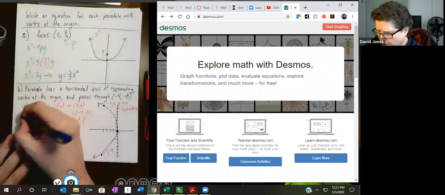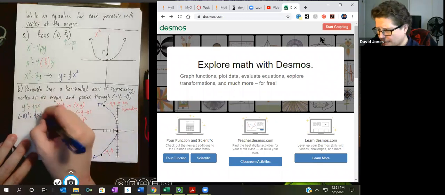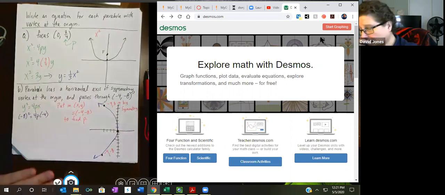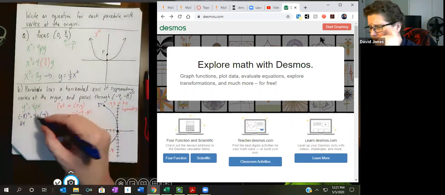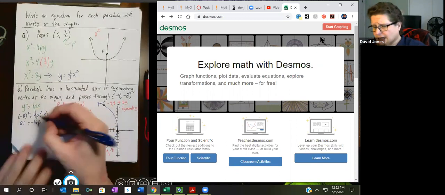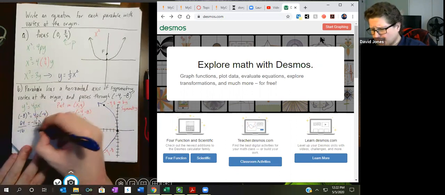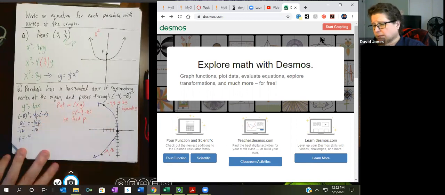So y squared is -8 squared equals 4p times -4. -8 squared is 64. 4 times -4 is -16. And if I divide both sides by -16, I get p equals -4.